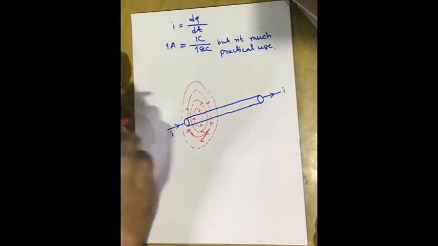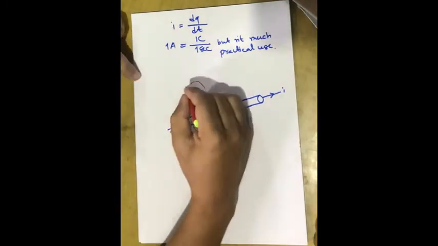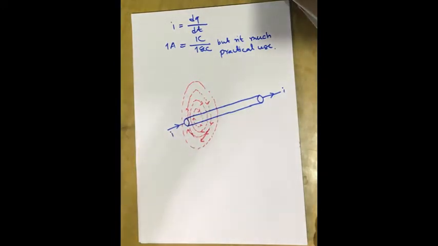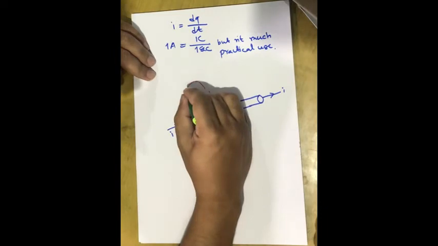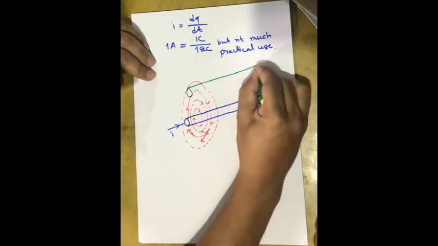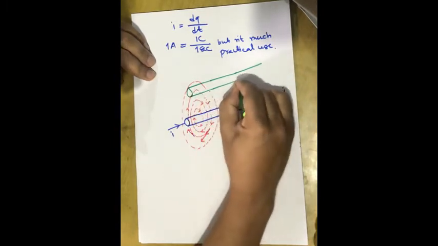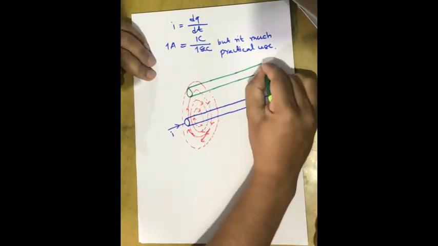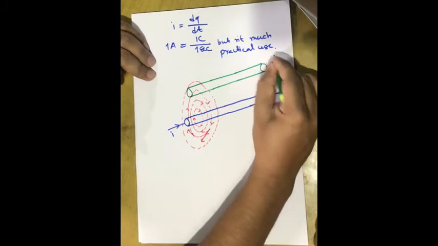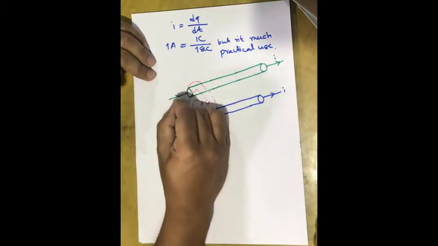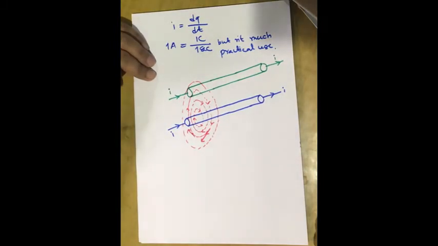Now I am going to put another conductor here. Two conductors, put parallelly. Say this is a conductor and we put it parallelly, and the same current is flowing in the same direction.